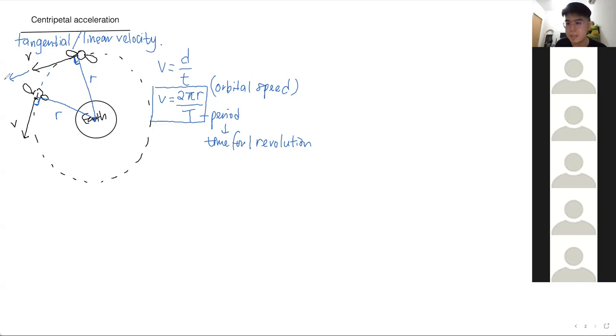But because of the linear velocity and because of the gravitational pull, every time it tries to escape in this direction, it is being pulled to one side. So this creates a curved path. Instead of going straight here, it will curve inward like this. This happens at every instant.